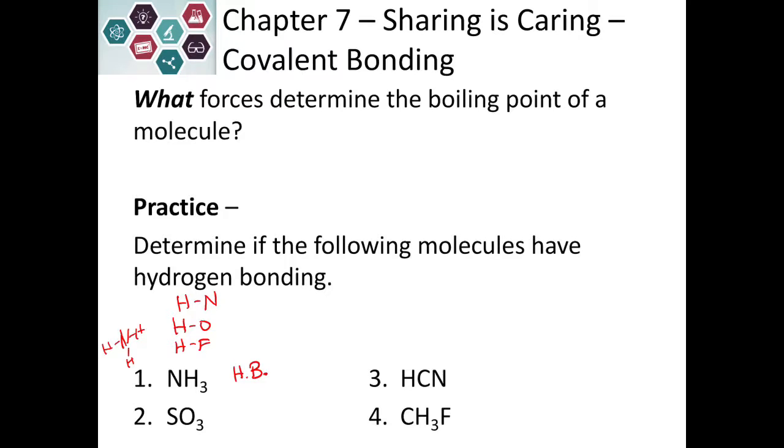SO3, there's no hydrogen, so the automatic answer is no. HCN, we have hydrogen and nitrogen, but they're not attached to each other. Remember, this is what our Lewis structure looked like, so no hydrogen bonding. CH3F, hydrogen and fluorine, but the hydrogen is not attached to fluorine, so again, no hydrogen bonding. The only one in this case that has the hydrogen bonding is the NH3.